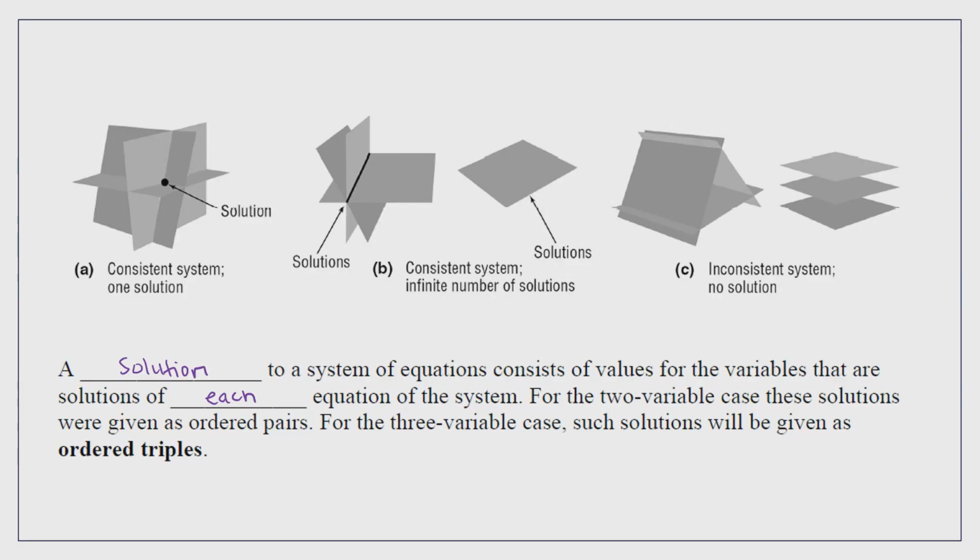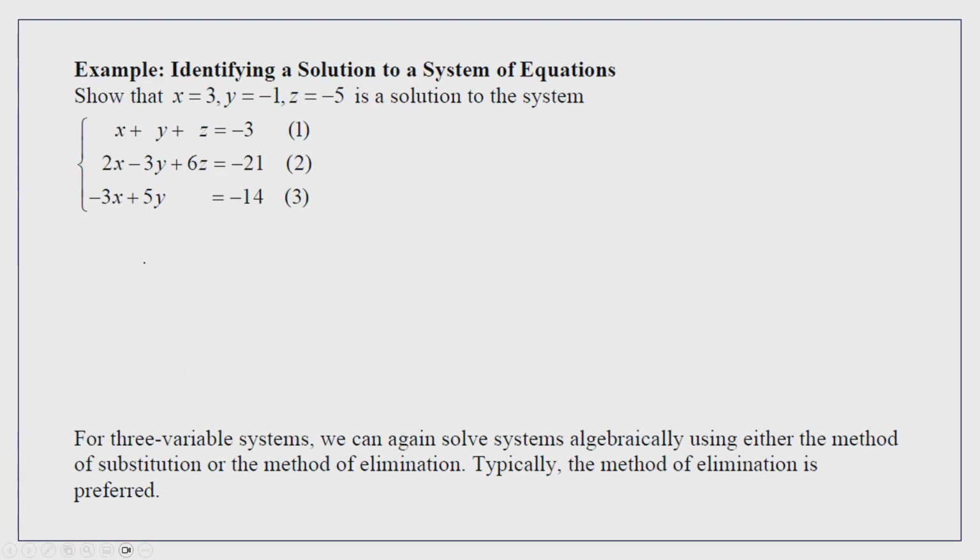For a 3 variable case, such solutions will be given as ordered triples. For this example, we have the point (3, -1, -5), where x is 3, y is -1, and z is -5. And we need to show that this point is a solution to the system.